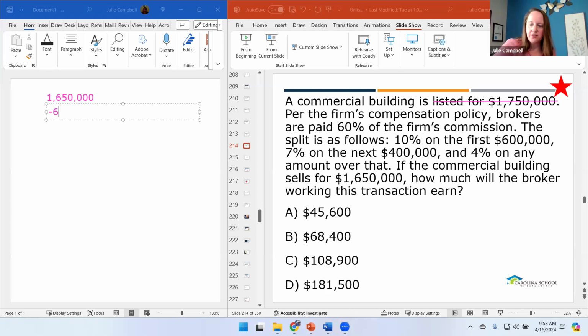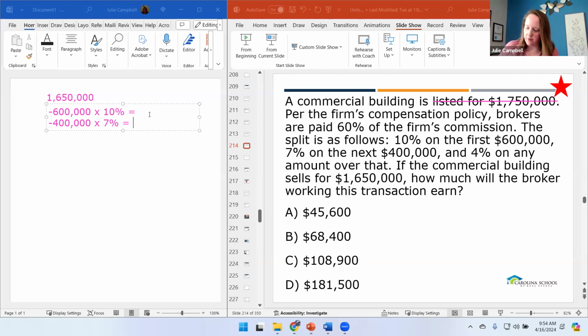I know on the first 600,000, we're going to collect a 10% commission. And then 7% on the next 400. And then 4% on any amount over that.